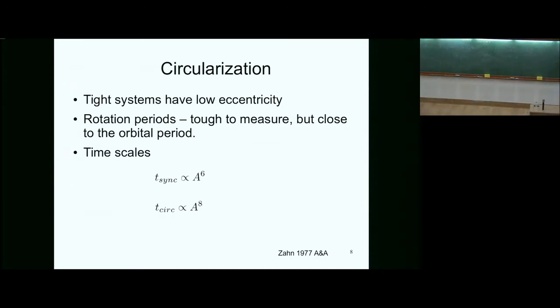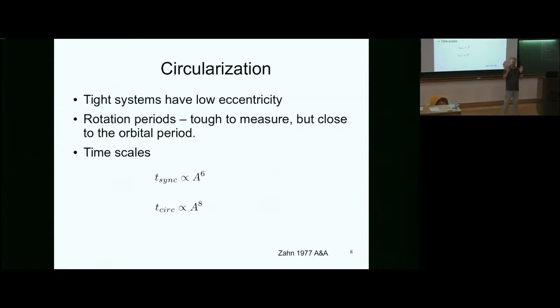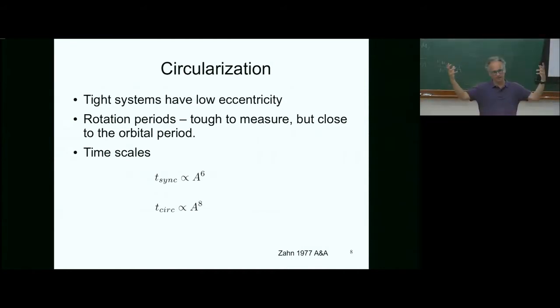Now let me start putting together the different evolutionary blocks that I mentioned at the beginning of the last lecture. If you have two stars, apart from the evolution of the stars, you have to calculate the evolution of the orbit when the stars do something.